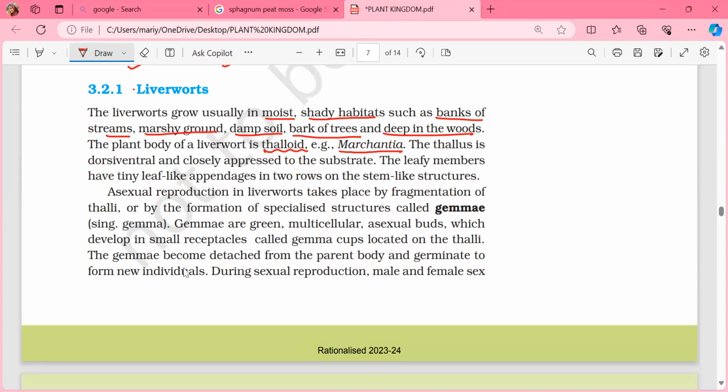Now, you want to see the Marchantia? Okay. Why isn't this moving?